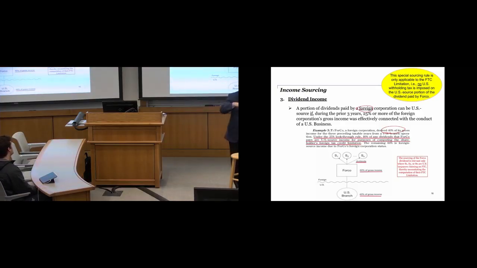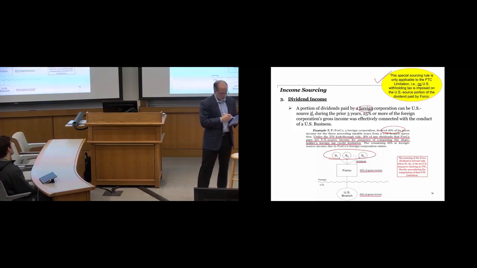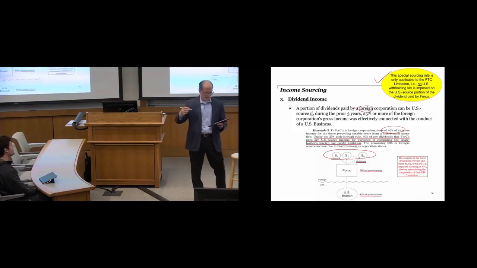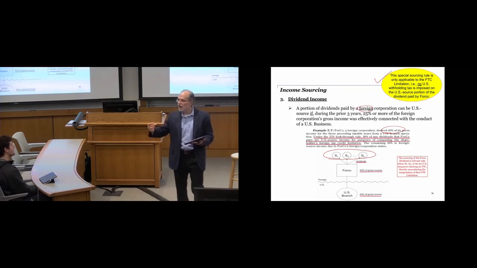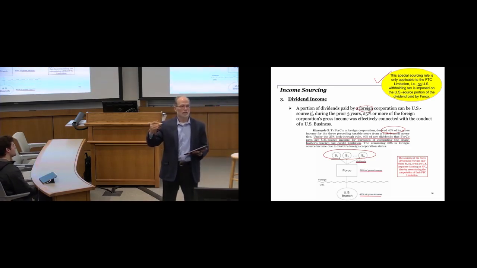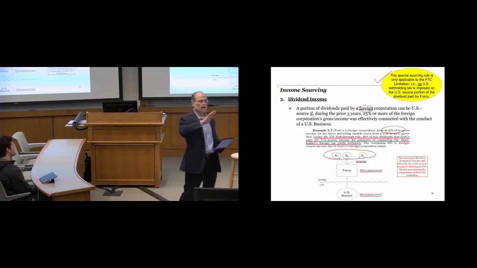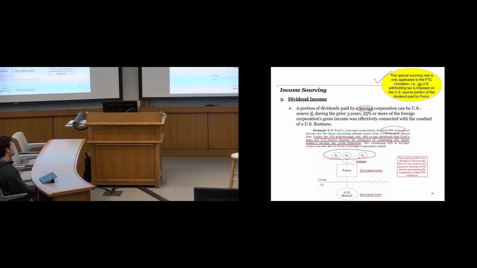So I put here in the bubble, this sourcing rule is only applicable to FTC limitations. Okay? What that means is, it's looking to see if one of these recipients of the dividend from Portco is a U.S. taxpayer trying to claim a foreign tax credit. If all those taxpayers were non-U.S. taxpayers, non-U.S. tax residents, this rule has no applicability to them. Because this special sourcing rule only applies for foreign tax credit limitation purposes, not withholding tax purposes.